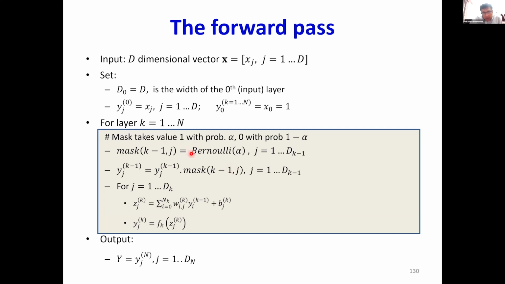If this virtual coin has a probability of success alpha, then some fraction alpha of the neurons in the layer are going to have mask value 1. The rest of them are going to have mask value 0. And then when you compute the output of the network, you just multiply it by the mask, and any neurons for which the mask value is 0 are basically going to get switched off. So there's just one extra step in the forward pass: you're computing a mask and multiplying the neuron outputs with the mask.